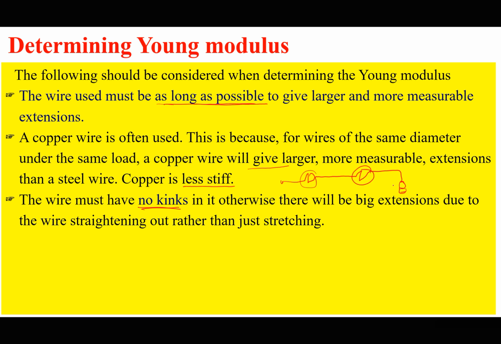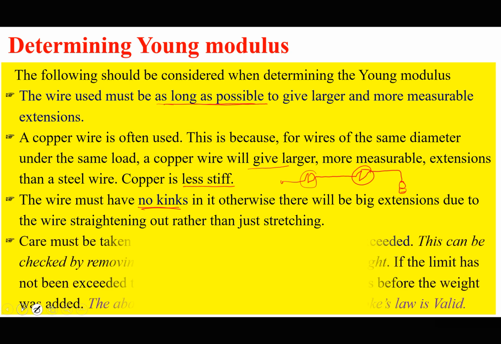The wire should not have kinks in it, otherwise there will be big extensions due to the wire straightening out rather than just stretching. We want it to stretch, not to straighten out. Therefore, it should not have kinks.